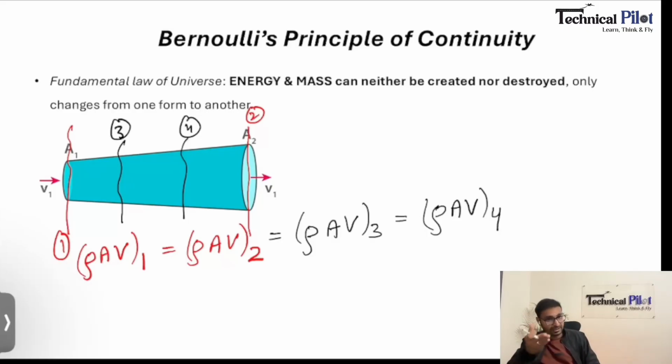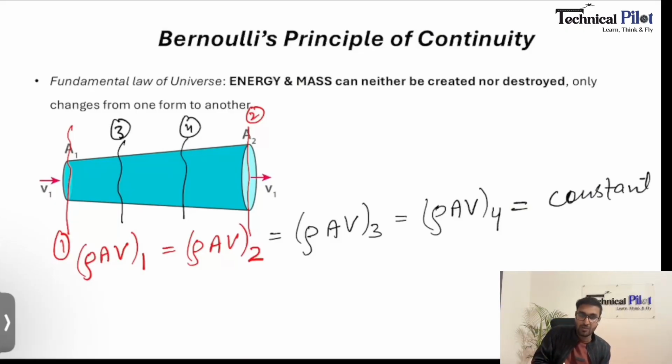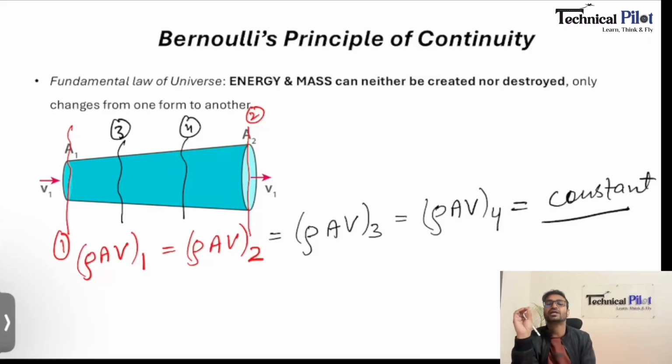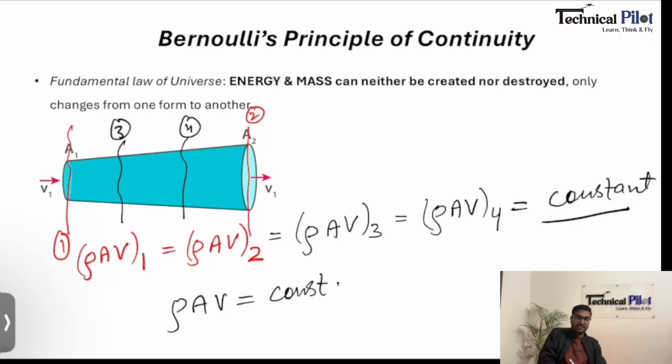You have done the derivation at 2 points, section 1 and section 2, but you can take any points along the tube. Always the product of density into area into velocity will be equal. I can say this is constant along the tube. It does not change.